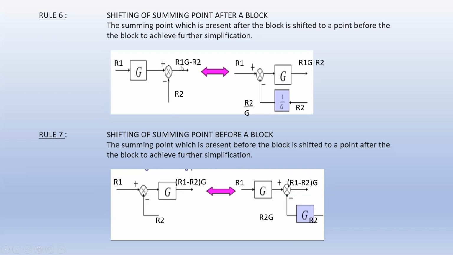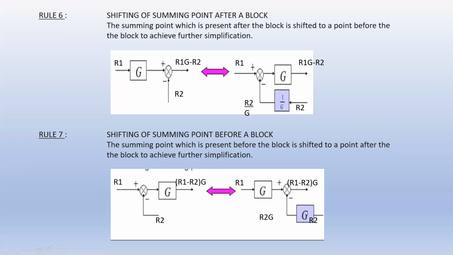The output remains the same. So whatever we have done, the output should be compensated for what is being done. So if we shift this summing point over here, the output should be the same. So if we have this input as R1 and R2, the output here is R1 minus R2, which is multiplied by G, which is the output.